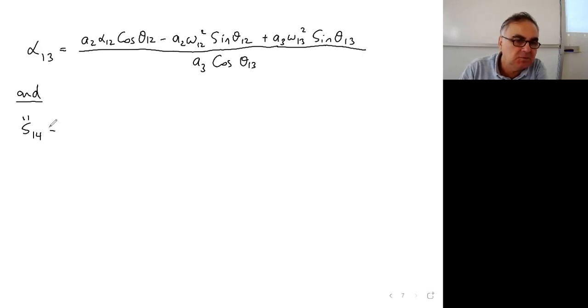The acceleration of the piston is the following.